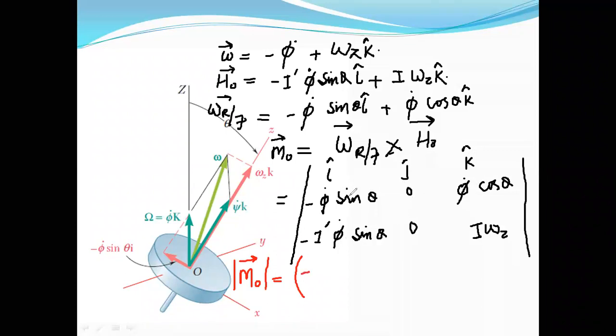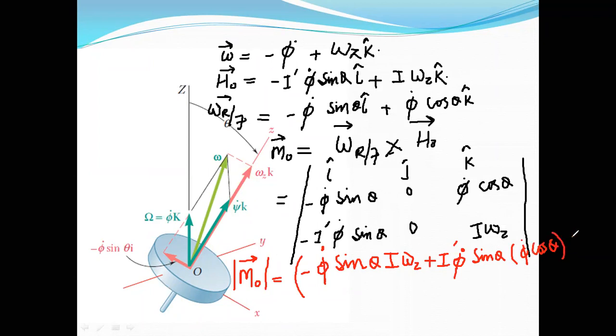So the magnitude of this cross product will be minus phi dot sine theta I omega z plus I prime phi dot plus I prime phi dot sine theta cos theta phi dot. It will be along j cap.